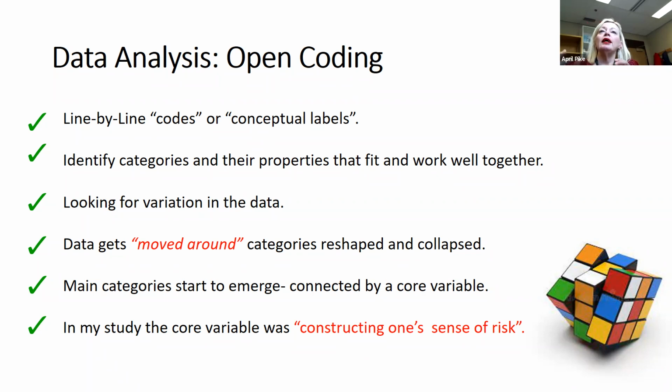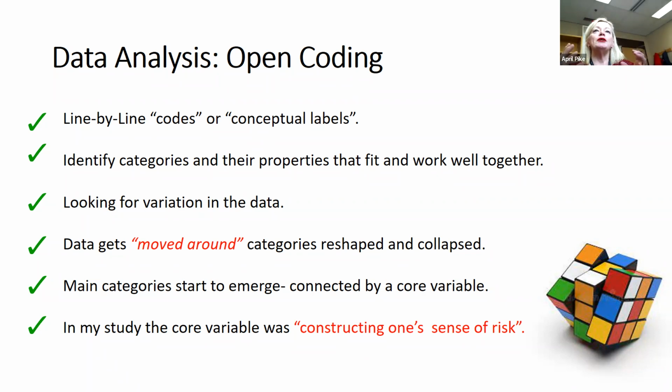Then if you had another category about social isolation, you could collapse activities of daily living and socialization into one main category: coping with risk of ARVC. So your codes go to subcategories, then to categories, and the categories get shaped and collapsed. Data is constantly being moved around for the best fit of where it belongs.